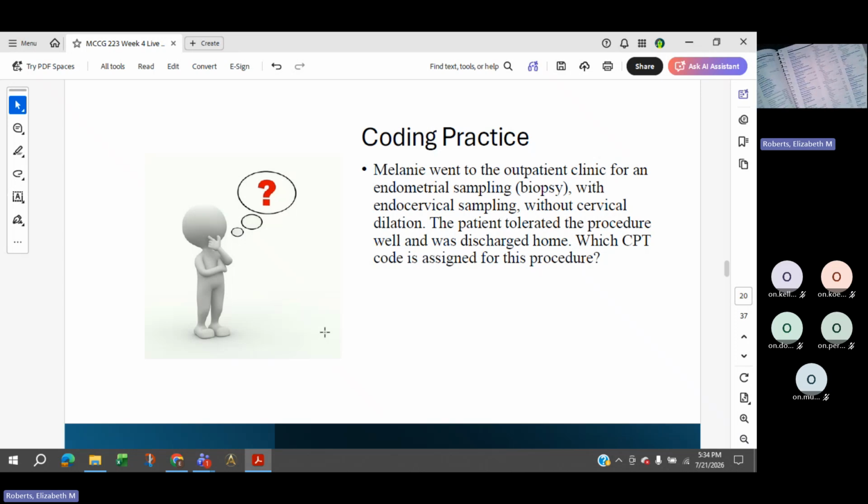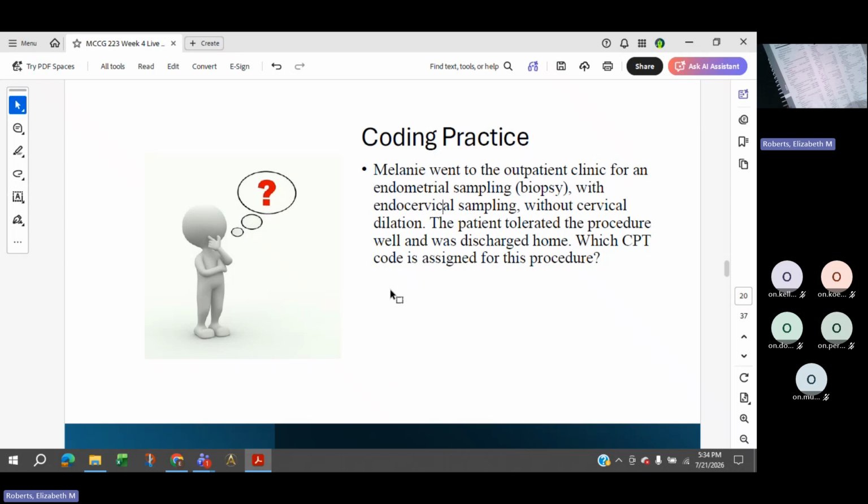Okay, biopsy. So what is the biopsy of? It's of the endometrium, because it's endometrial sampling, and endocervical sampling. So it's going to be the endometrium and then the cervix. Biopsy is on page 1115. Let's see what we have.